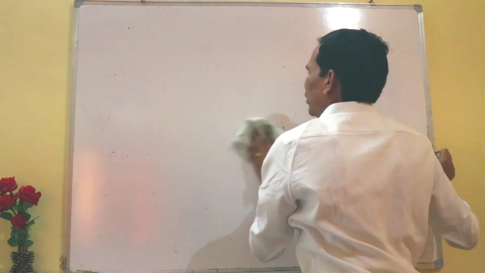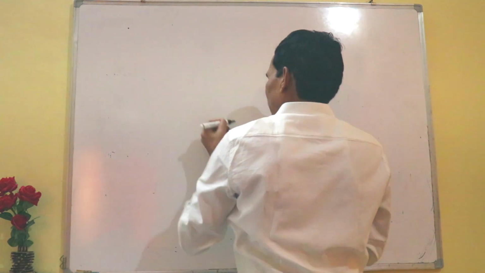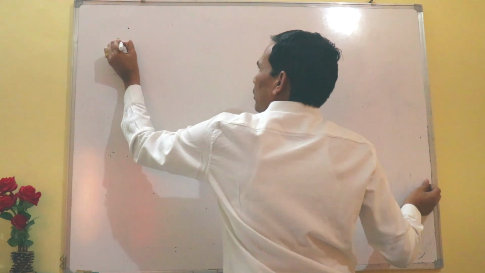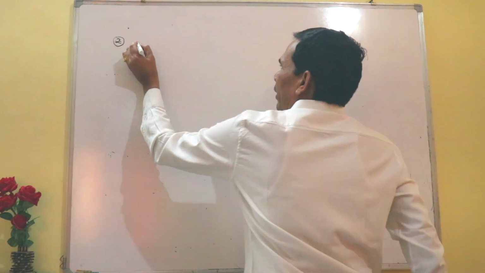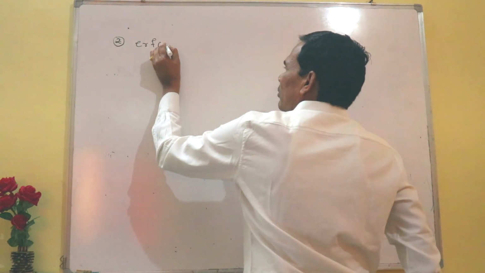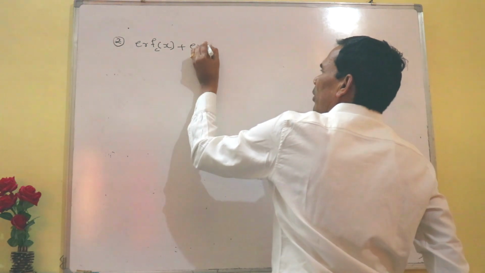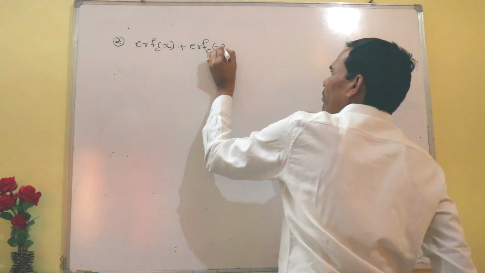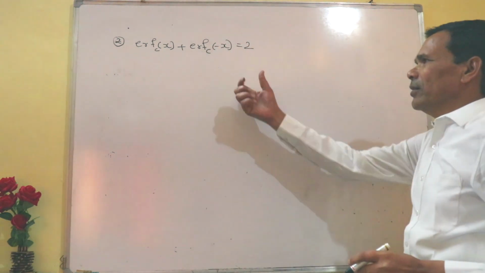Next example on the error function: the error function of x plus the complementary error function of x plus the complementary error function of minus x, this is equal to 2. This is another identity.